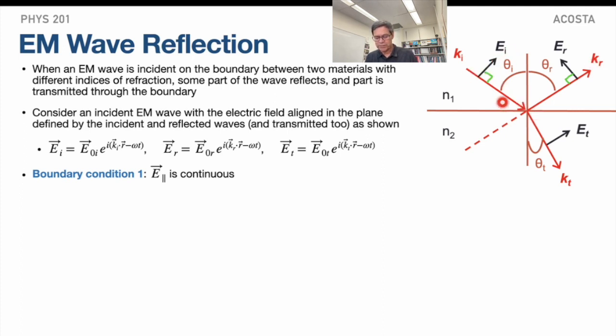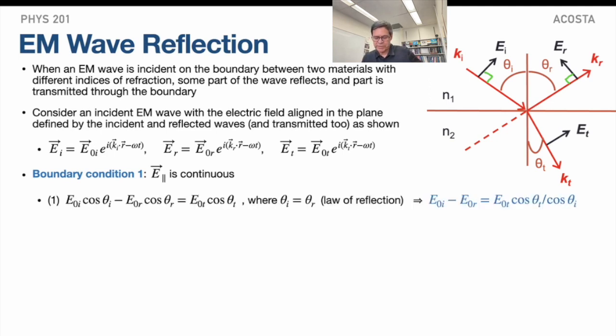It's that component parallel to the surface, which means it's going in and out of the screen, not in the plane of the screen. So to do that, I'm going to have to project Ei, Er, and Et into the plane that is parallel to this surface here.